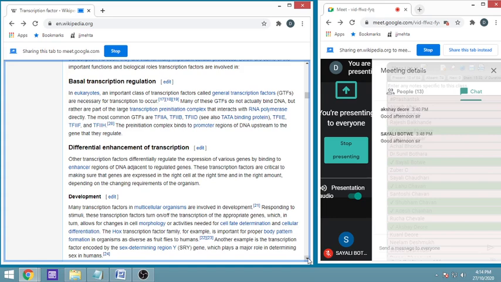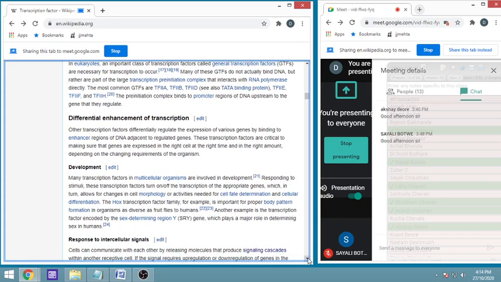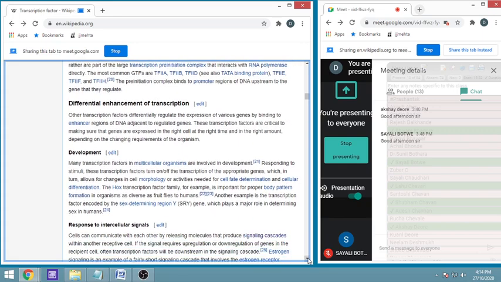Most of these are part of the large transcription pre-initiation complex. Pre-initiation means before start, this complex will be there and that will cause interaction with the RNA polymerases. Then the next job they have is differential enhancement of the transcription. Differential means one set of genes will be enhanced while another set will not have any action, or maybe will have less activity.